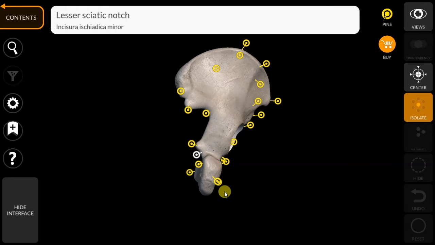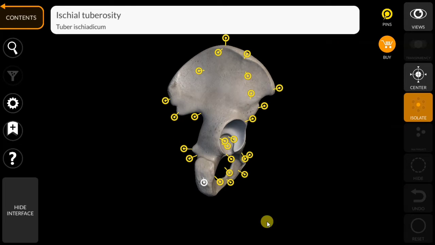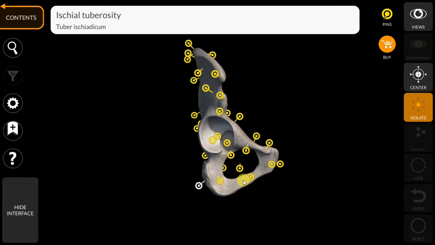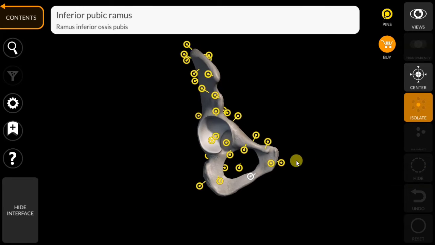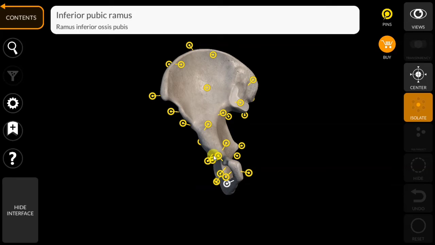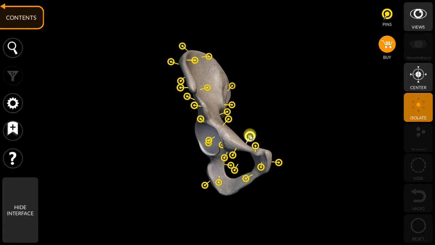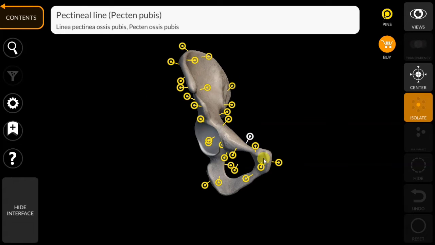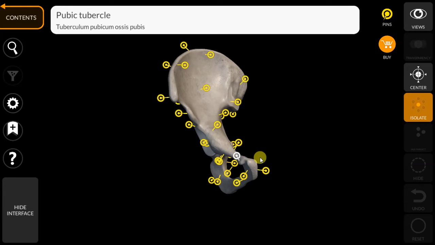Now coming down to the ischial bone, we have the ischial tuberosity on the posterior side. We have the inferior pubic ramus, apart from the pubic bone. This is the superior pubic ramus or pectineal line, with the pubic tubercle.